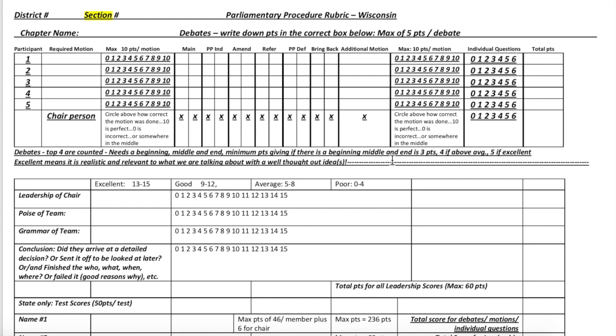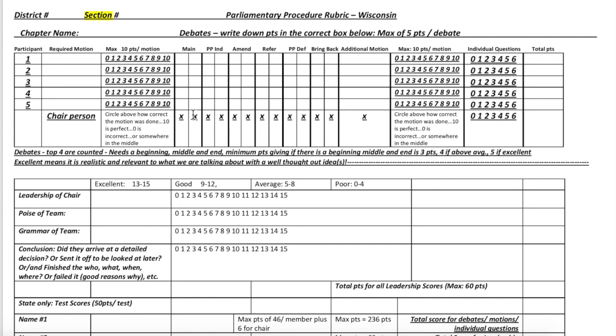They have more information, give more examples, a little bit more realistic. Anything like that will be a 4. 5s are given if it's excellent. And excellent means it's realistic and relevant to what they're talking about and well thought out idea or ideas. So it's scored between 3 to 5 unless they're missing parts and they can go lower.